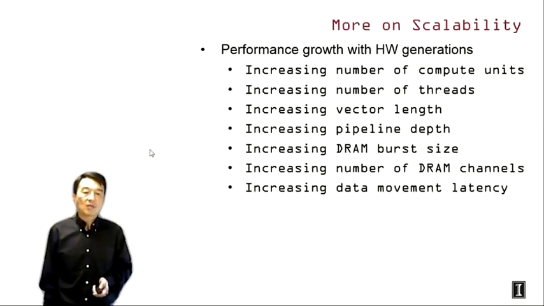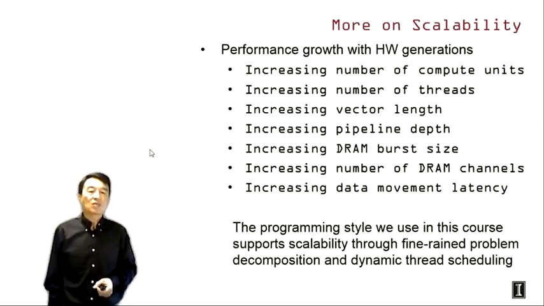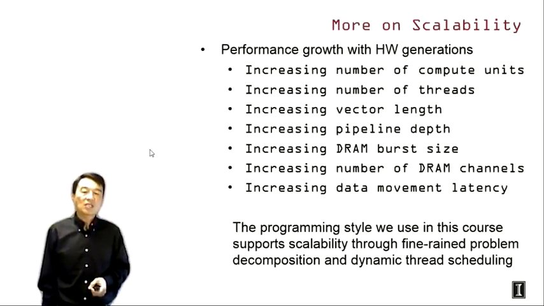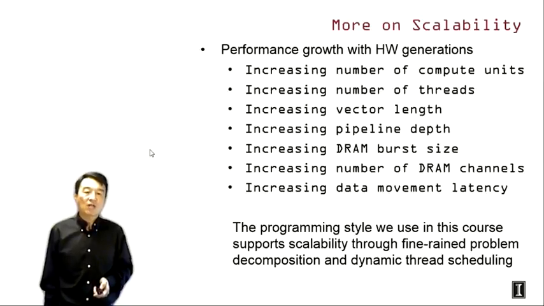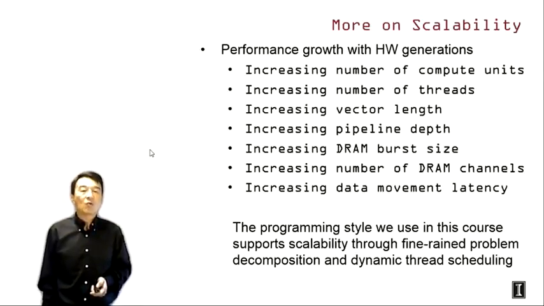But the programming style that we use in this course addresses these needs by supporting fine-grained problem decomposition and dynamic thread scheduling, so that an application you write in this programming style will automatically adjust to a fairly wide range of parameter values that the hardware vendors may change.